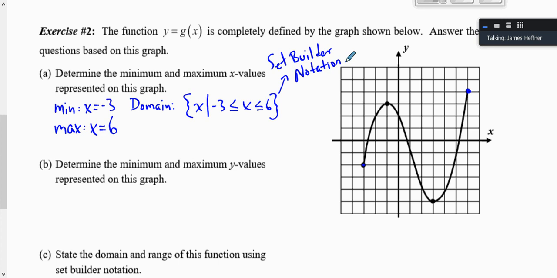Here's how you would read this. All X, and this vertical line stands for a word, all X such that. That vertical line means such that. X is in between what? -3 and 6.